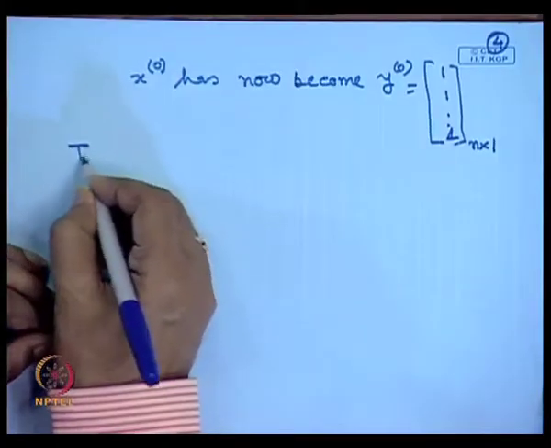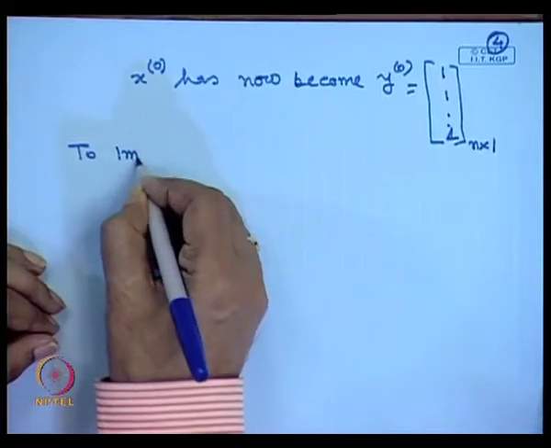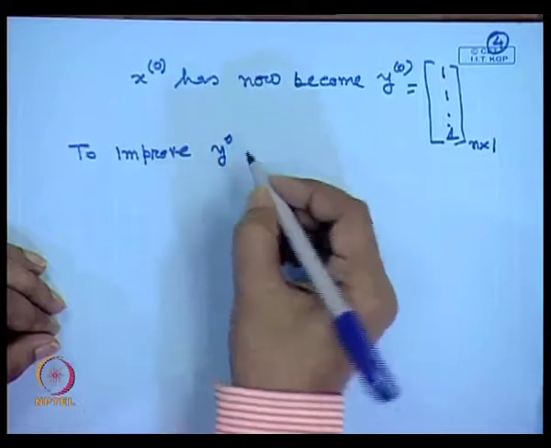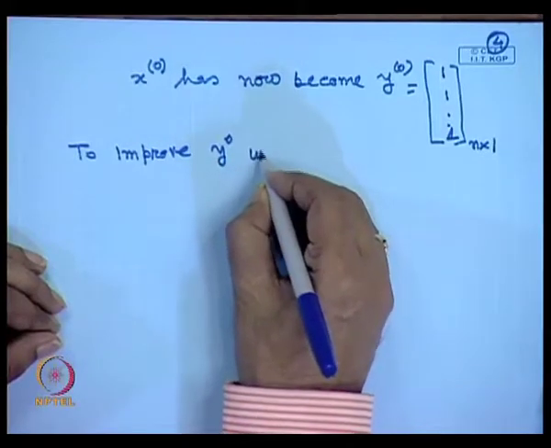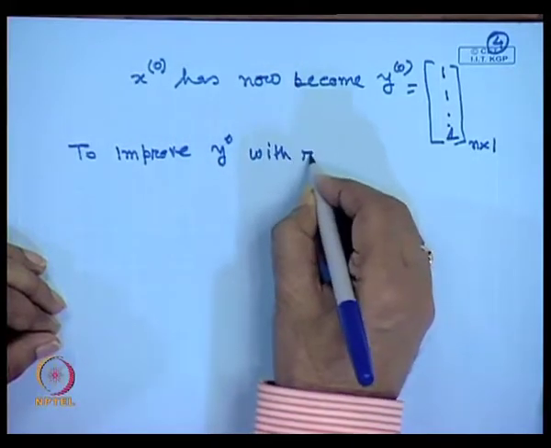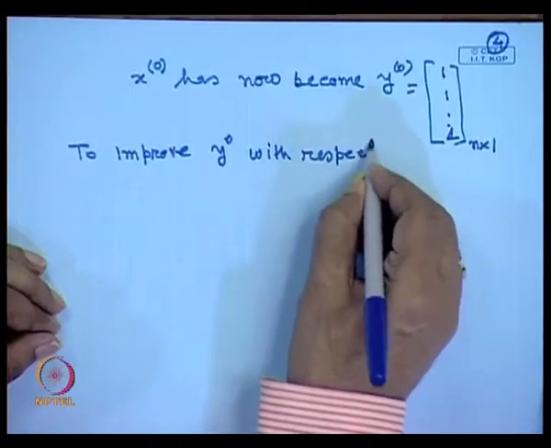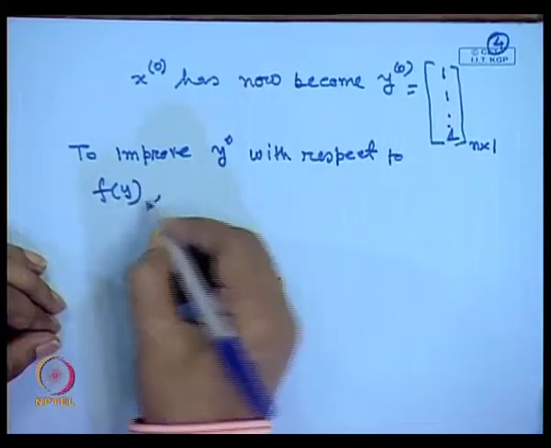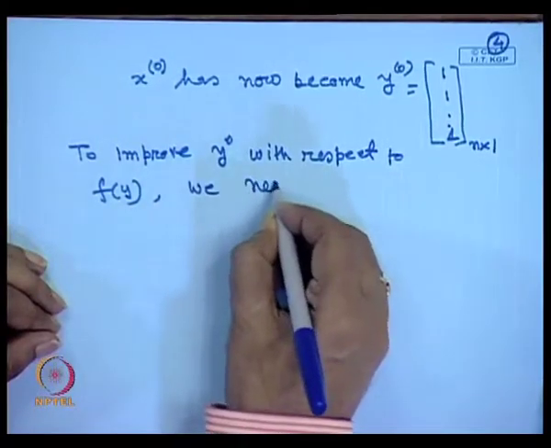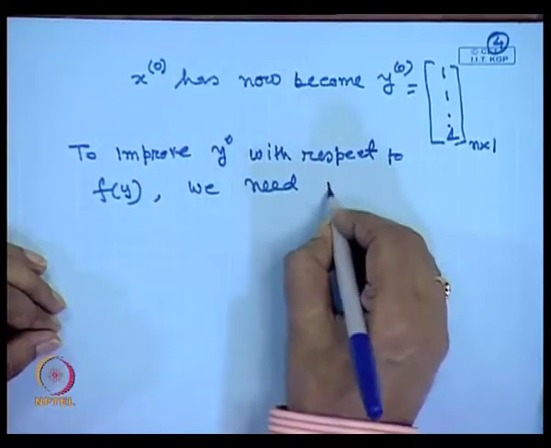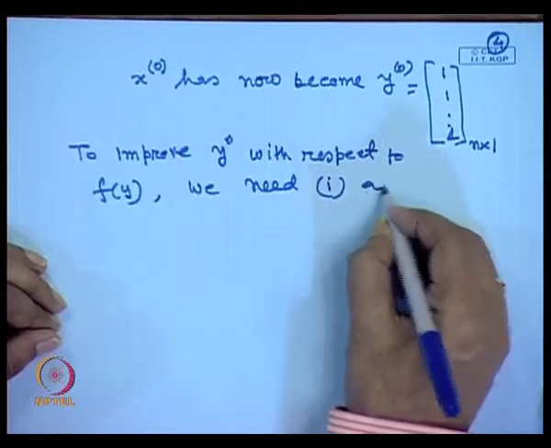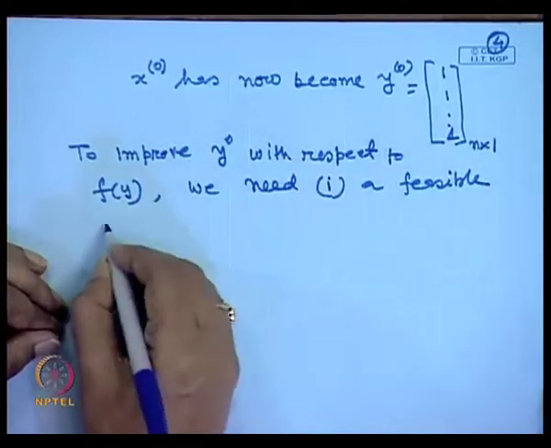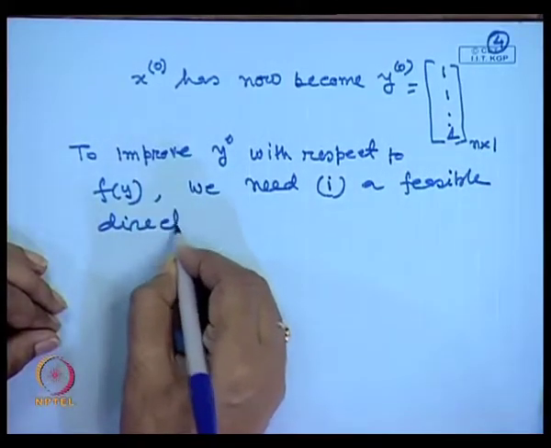So, to improve y0 with respect to f of y, we need, first objective, a feasible solution or feasible direction.